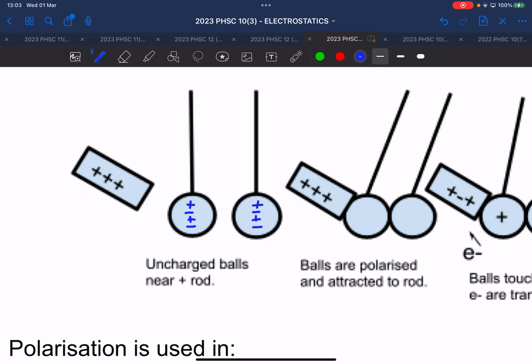When it is brought closer, the protons remain where they are. The electrons will move to the side, they will be attracted and drawn closer. So this becomes polarized because we have a positive pole and a negative pole.